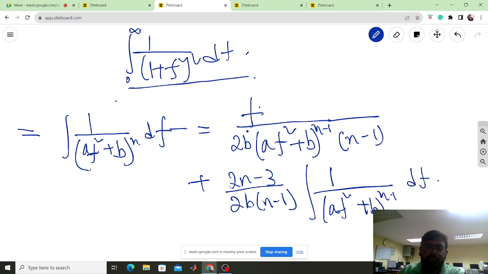So what are the a, b values? We can write from this equation that we know a is 1, b is also 1, and n equal to 2.